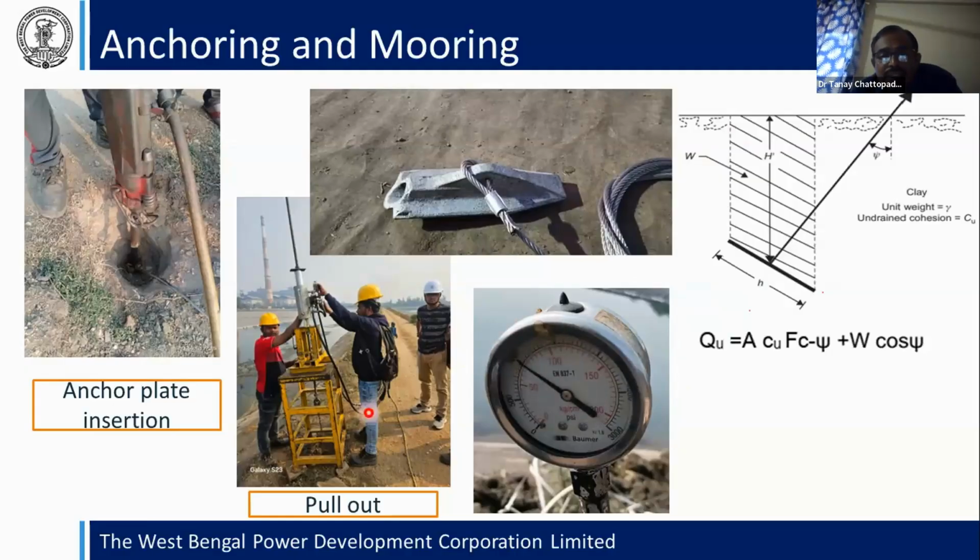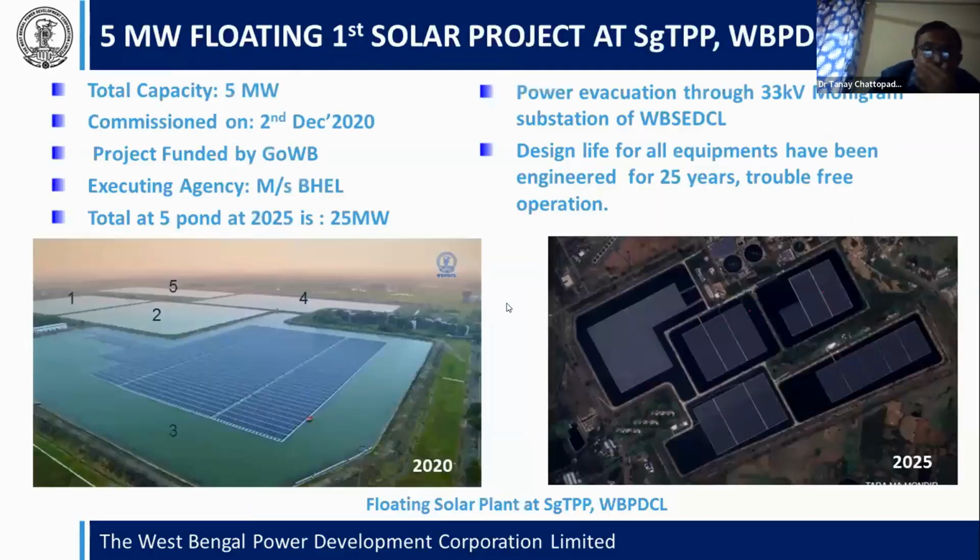And after this is the mooring technique. After mooring, the total system is as you see: we have 5 raw water ponds at Sarodigi, and this raw water pond is used for water for the thermal power plants.